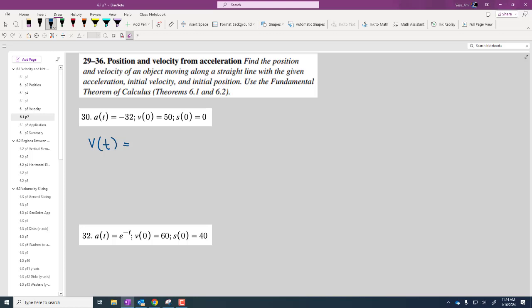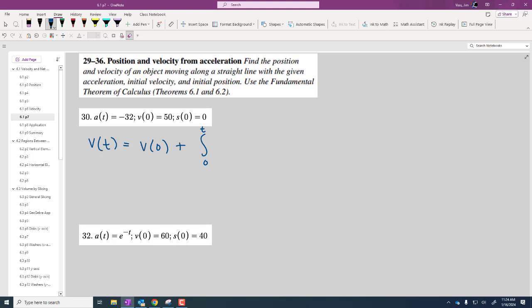The velocity in the beginning, we call it v of 0. And now we want to add the net change in velocity, which is the integral of acceleration. So for the net change in velocity, we integrate acceleration on the interval from 0 to t.